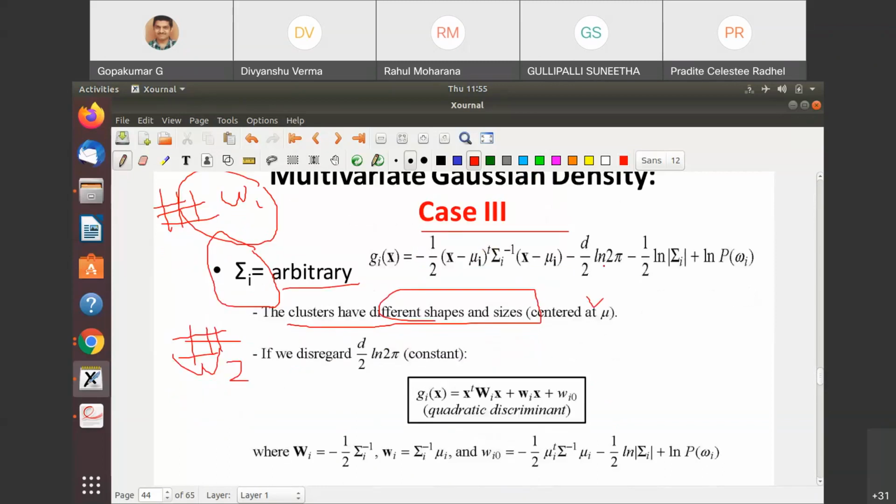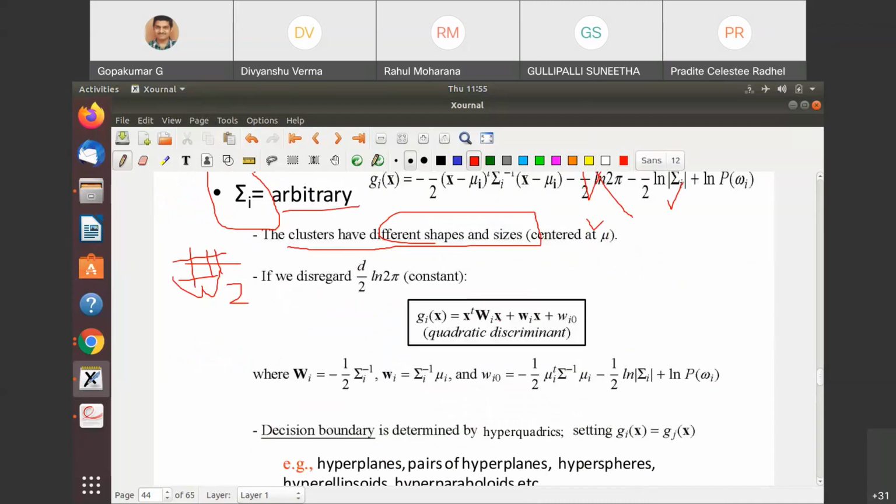When you look into this equation, we cannot ignore this term because sigma i is going to be different for different classes, but we can still ignore this one because that is a constant. So we will have an equation of this kind. That is, g of x is now not a linear discriminant, but a quadratic discriminant. That is a major difference when we have an arbitrary covariance matrix.